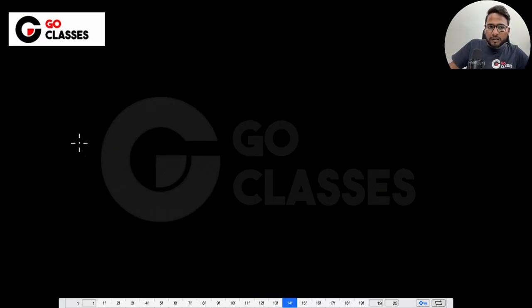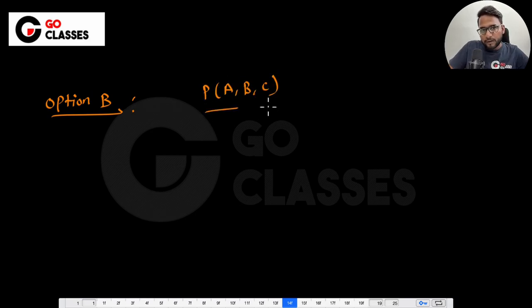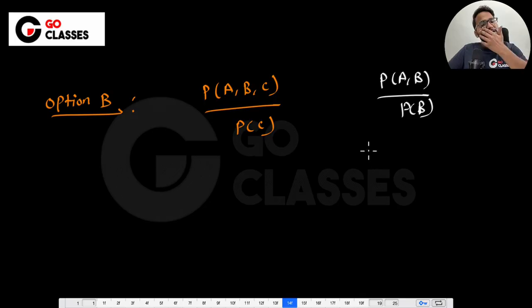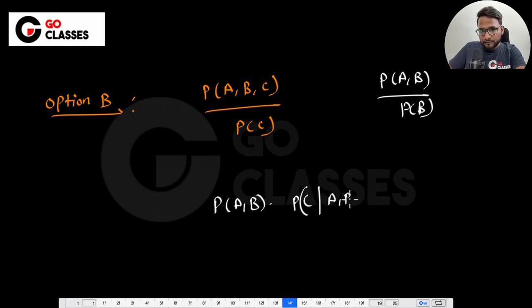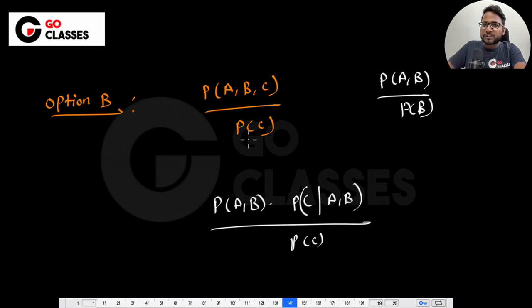See what I'm saying is that in option B, it is coming out to be probability of ABC divided by probability of C, and what you have in your hand is basically probability of AB divided by probability of B. Maybe you can directly see that these two are not equal, but if you still insist, I can rewrite this term as probability of AB into probability of C given AB, upon probability of C. I mean, just consider this AB as just one event and then do the factorization.